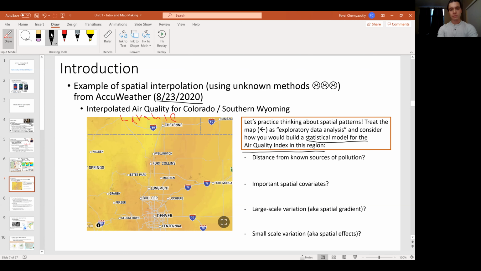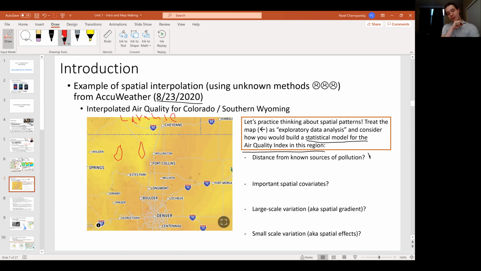Well, number one, distance from known sources of pollution. I'm looking at air quality. Can I figure out where the sources of pollution are? Well, yes, I can probably map the two major wildfires in this area. There's one here, and on the day there was probably one around here.